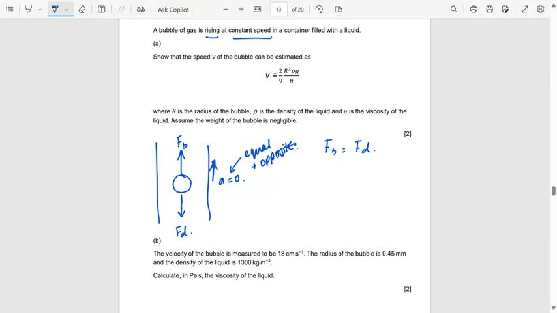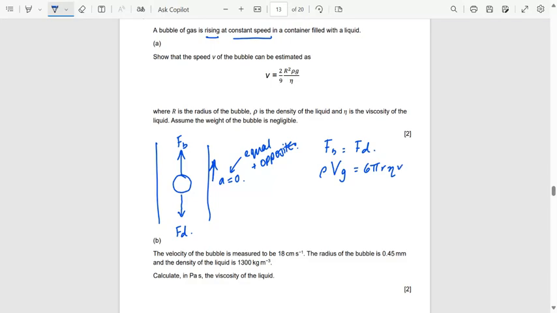So the first thing I'm going to do is look in the formula booklet, and I'm going to write down the two formulae that we know. So we know that density times volume times g, that's our buoyancy from the data booklet, and then we've got our Stokes's law drag there.